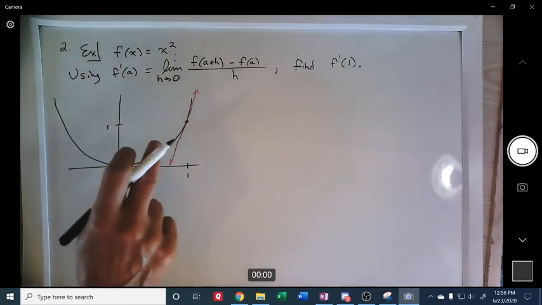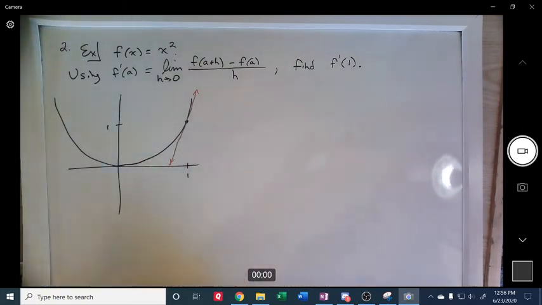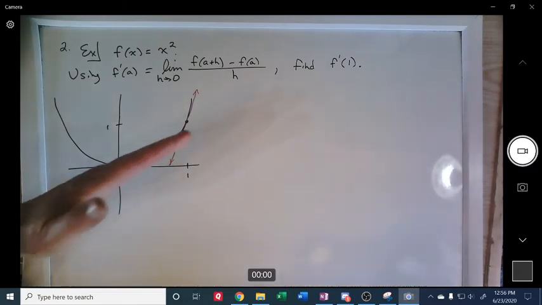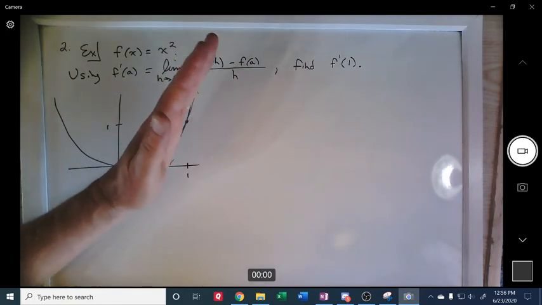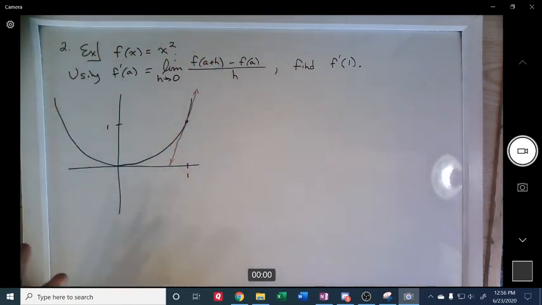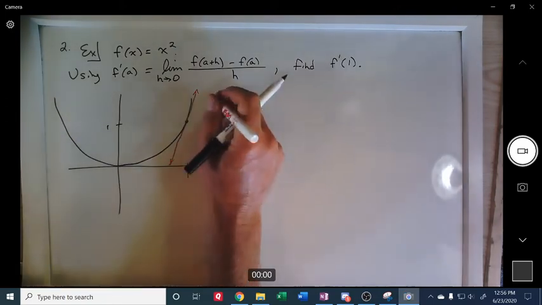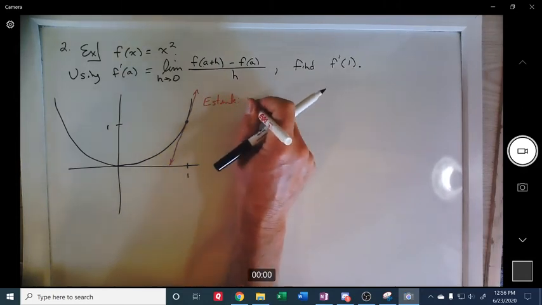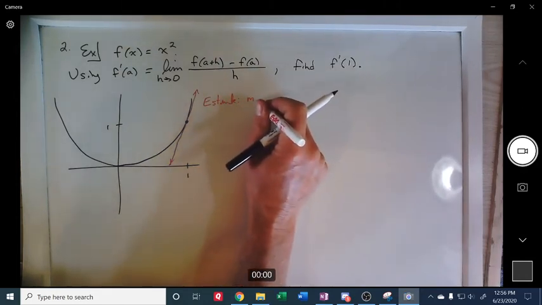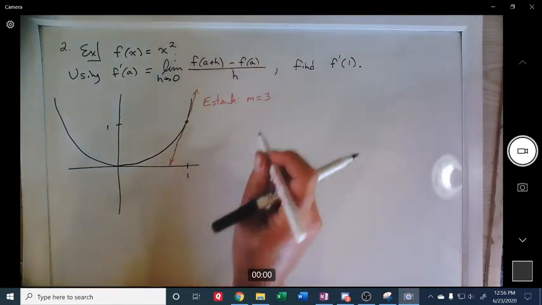Okay, so that's what we're going to get. And from just looking at it, what does that slope look like? Is that bigger than a 45-degree angle line? Because that would be a slope of 1. If it was, yeah, it does. It looks like maybe it's a slope of 2 or 3 or something like this. Maybe. So my estimate, maybe the slope is approximately 3 or something.